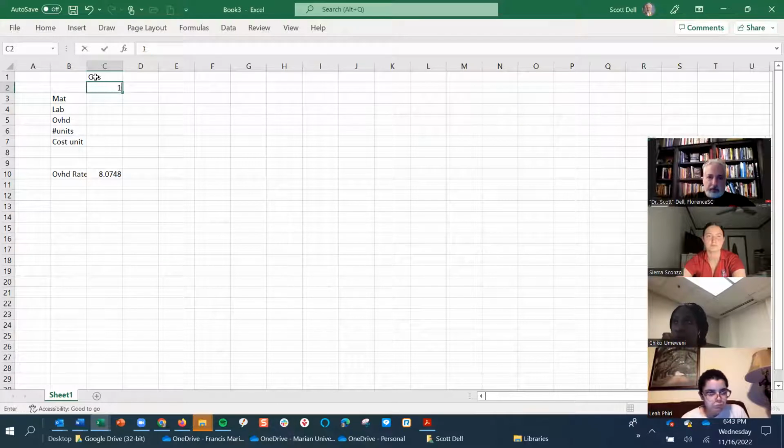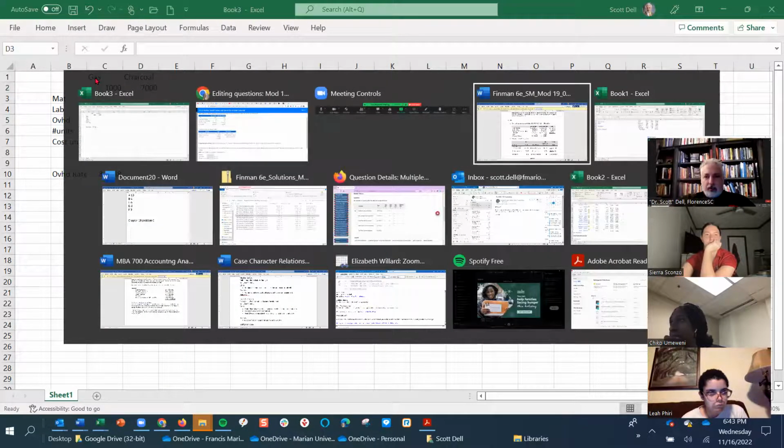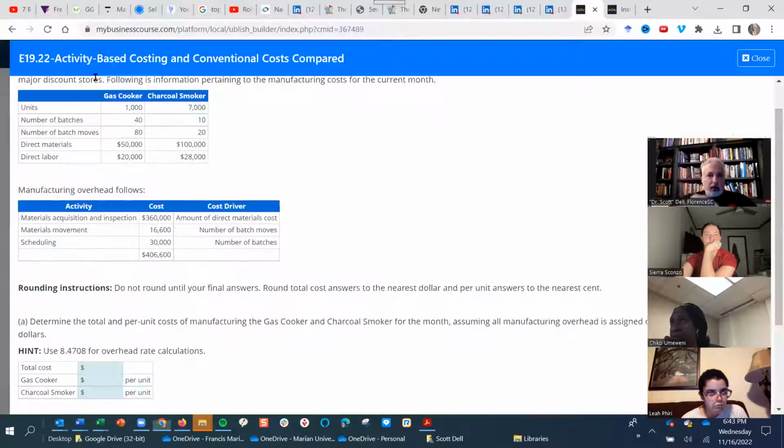And we have charcoal, 7,000. And our direct materials were 50,000 and direct labor 20,000.